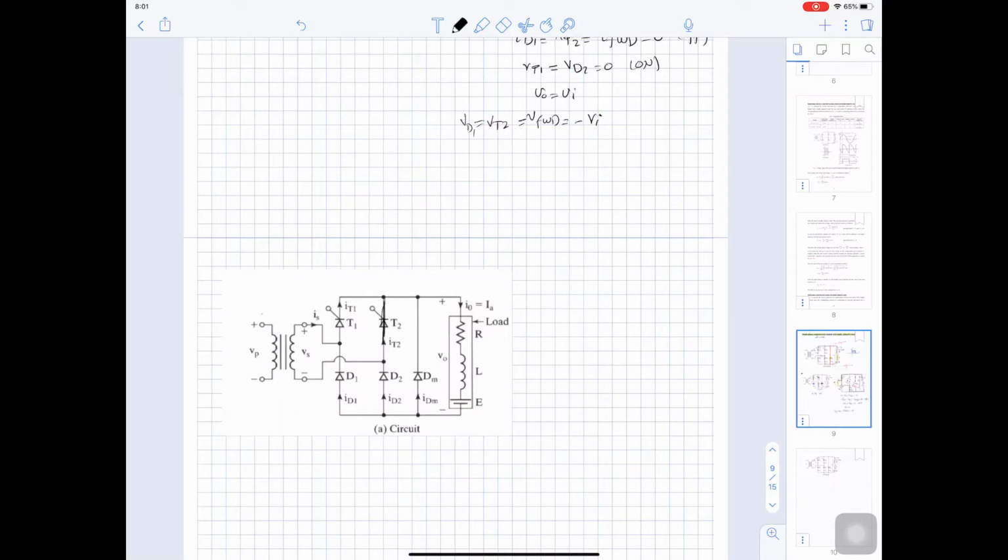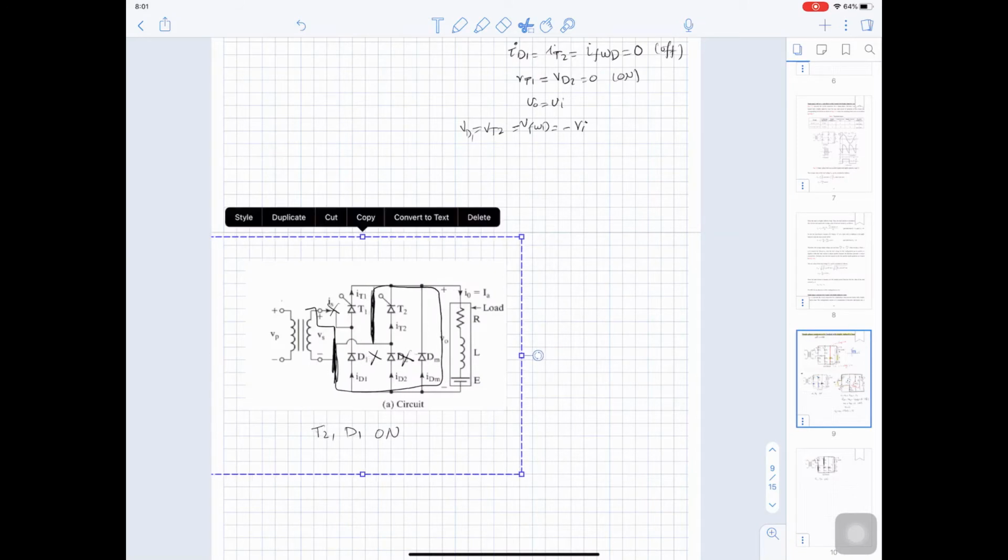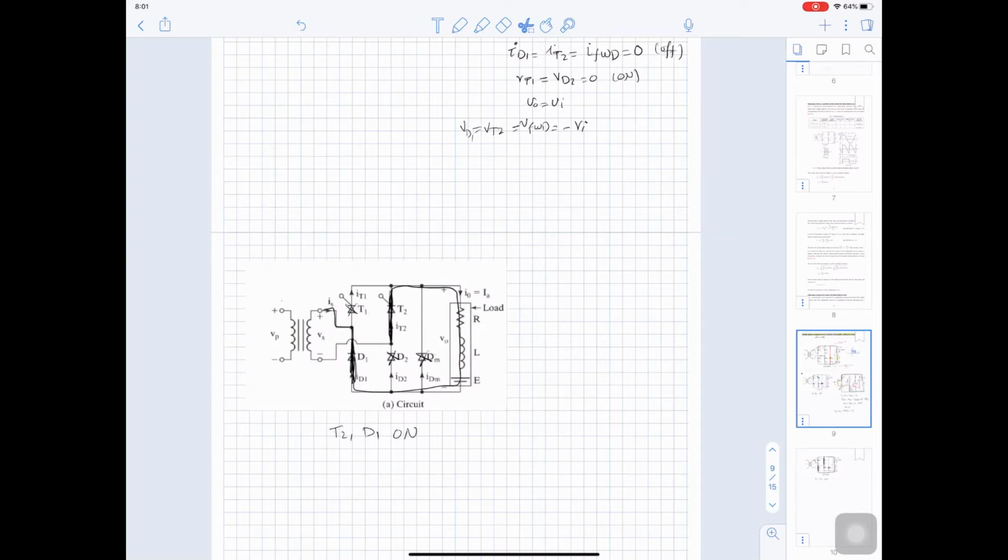In this case, thyristor 2 will be on and the current will go to the source, and then it will go back from the source through diode 1 into the source again, and thyristor 1, diode 2 and freewheeling diode are turned off. So here when thyristor 2 and diode 1 are on, we will do the same as we did for the first situation.